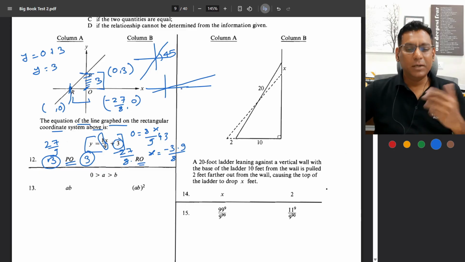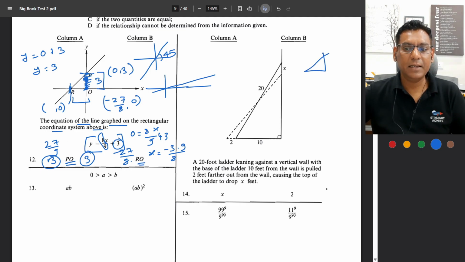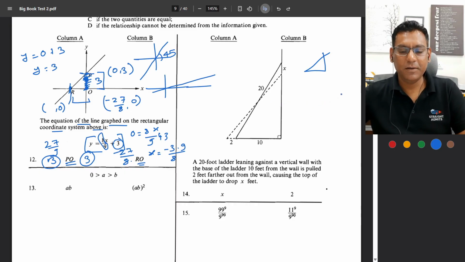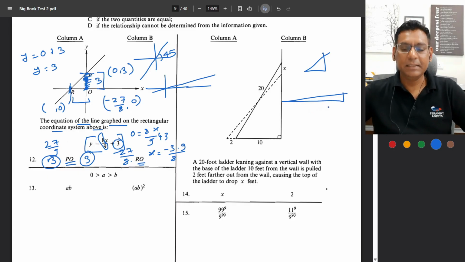What that basically means is that if this line is slanting, this portion, that means you are not looking at a triangle like this, you're looking at a triangle like this. Let me draw it properly. A triangle like this will have less than 1 slope. This is very small, less than 1.